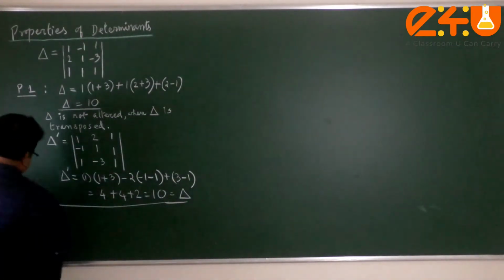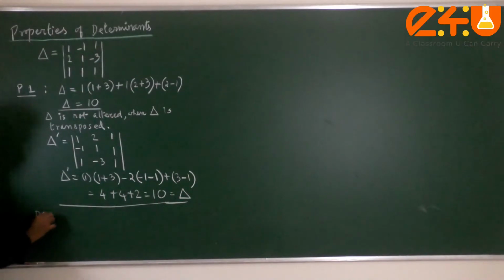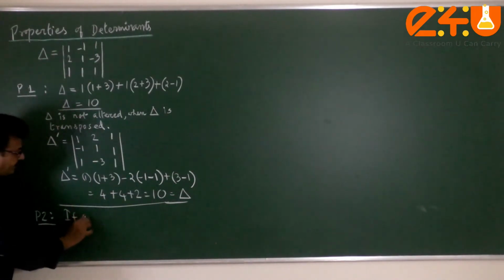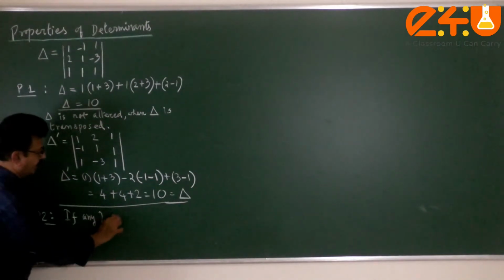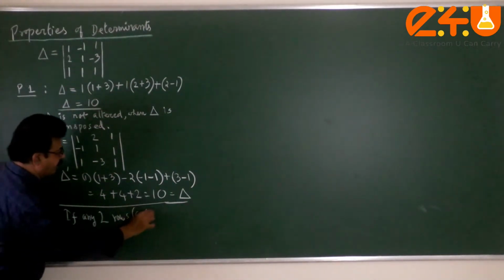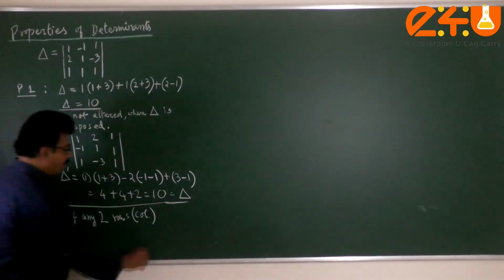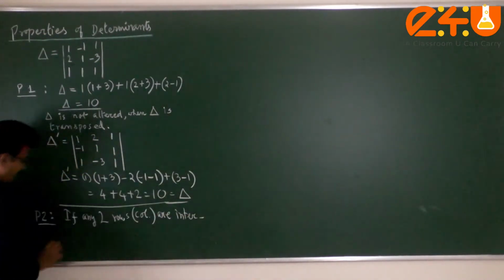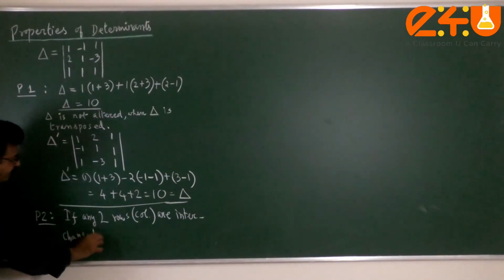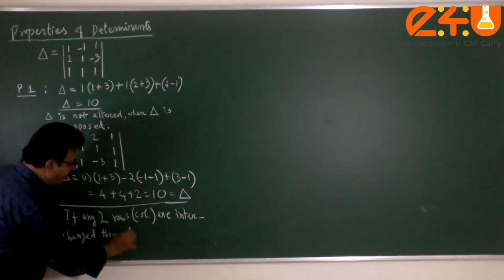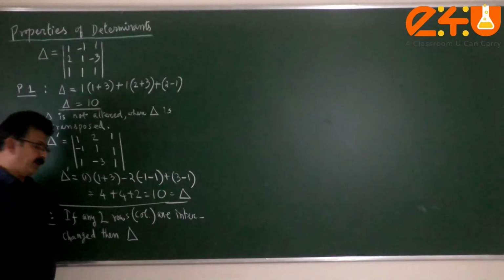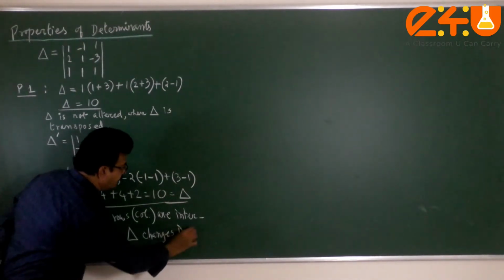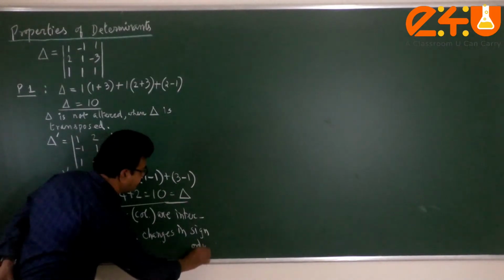Okay. Property 2. The property 2: if any 2 rows or columns are interchanged, then the determinant value changes in sign only, which means magnitude will still be same.